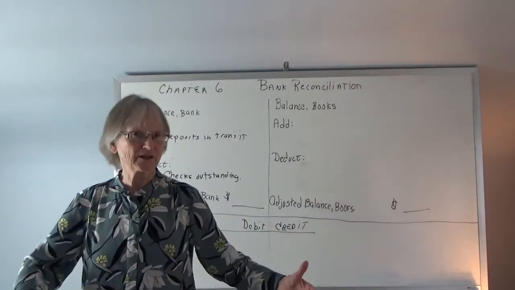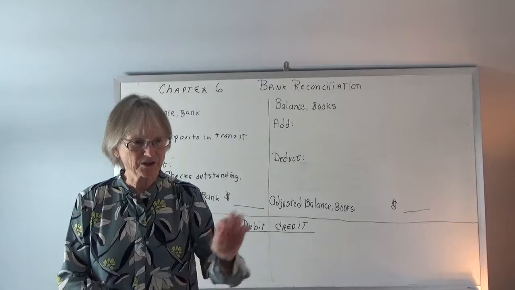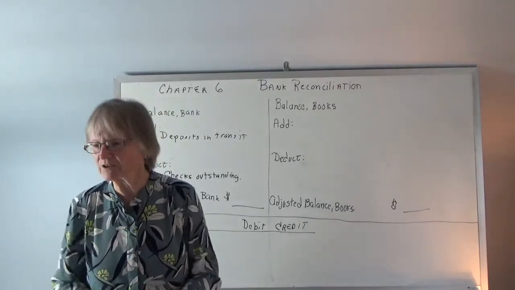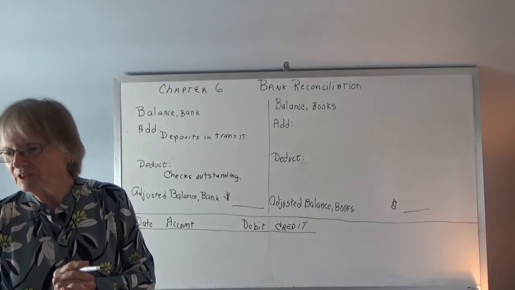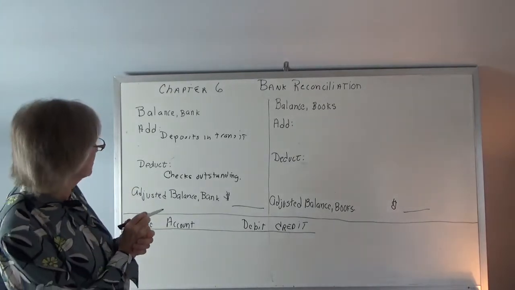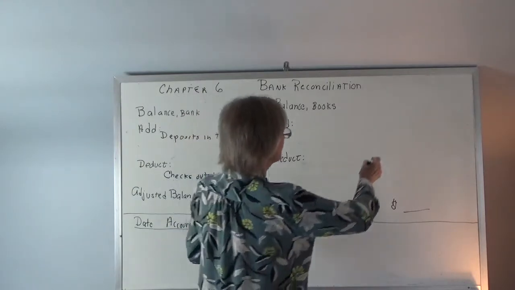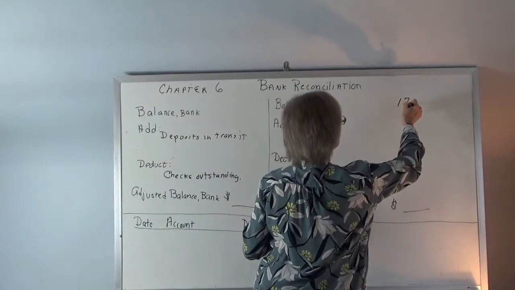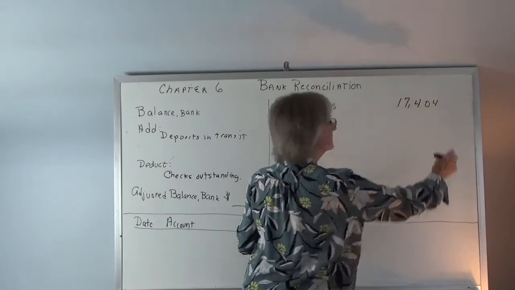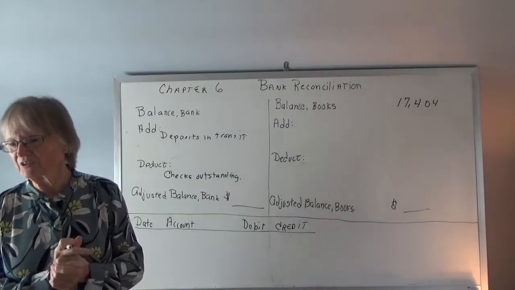You're not going to use all that stuff for whatever you're doing. You're going to have to pick and choose what you need for the little project you have in mind. So all we really need here is the balance September 30 of 17,404, and that's going to be your balance per books. So we're just kind of rummaging through the problem here, picking out the information that we need.